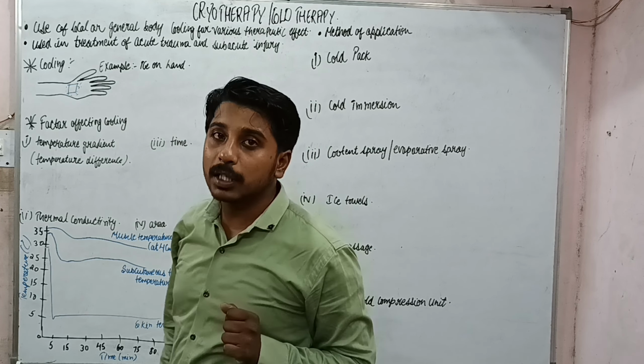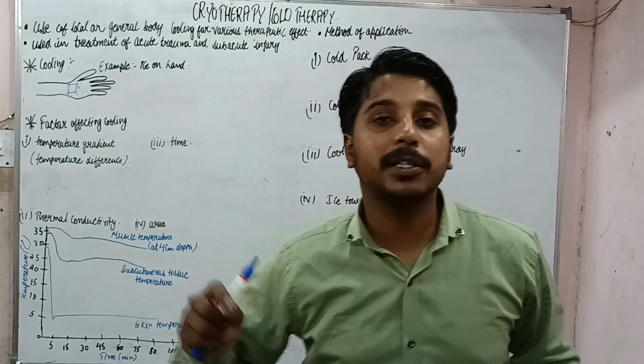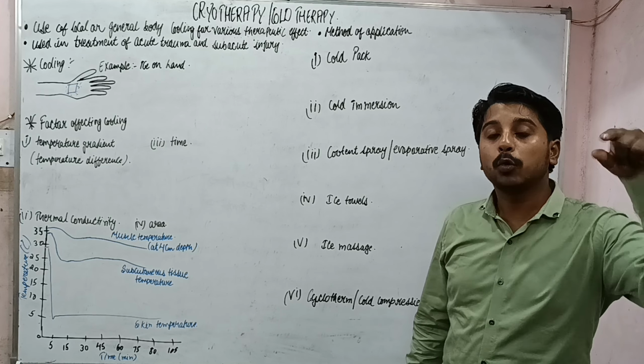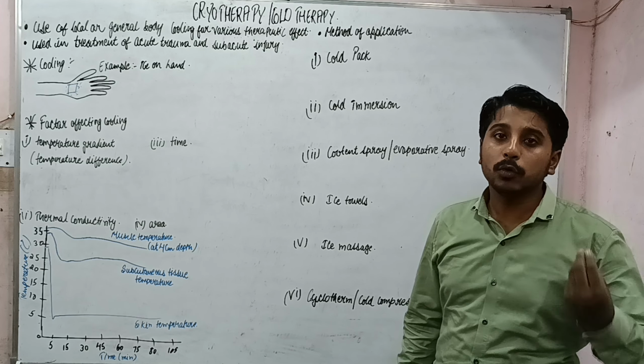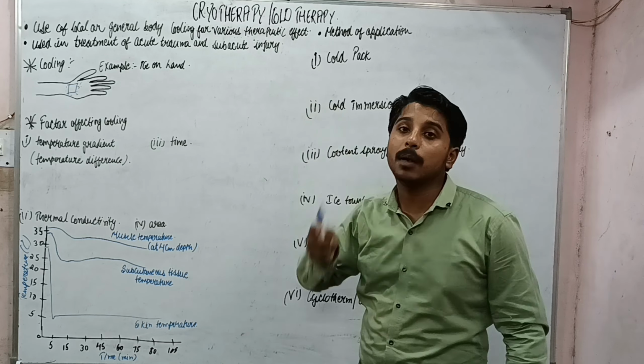If body temperature is high, metabolism will be high, and if body temperature is low, the metabolism will be low. So to decrease the use of oxygen, they use general body cooling to maintain oxygenation in the body for a longer interval, and they can do the surgery with ease for a longer period of time.